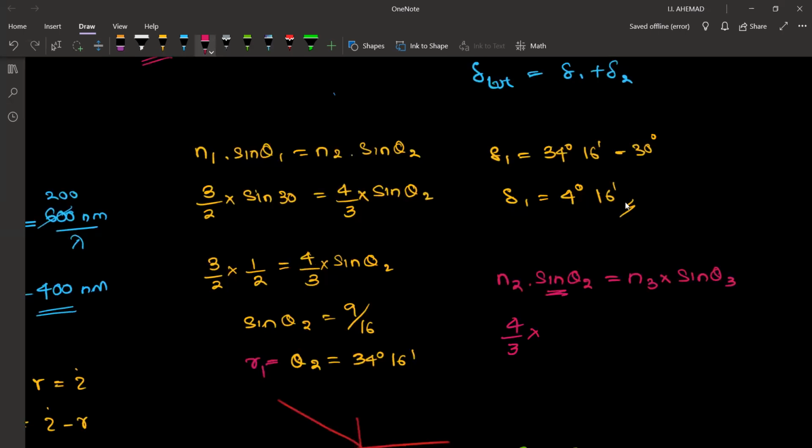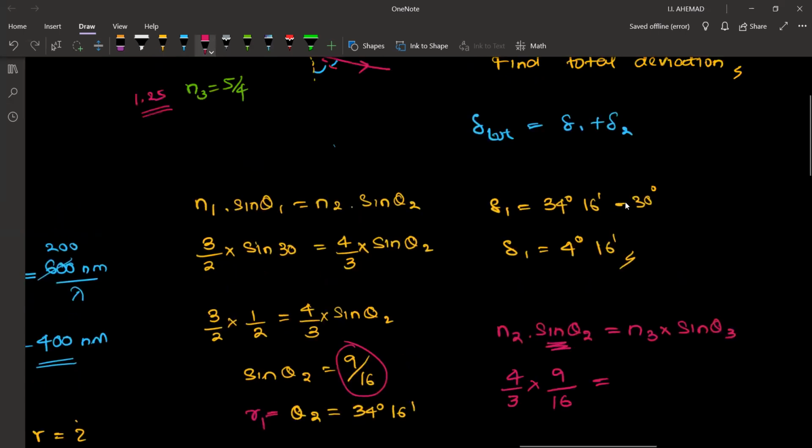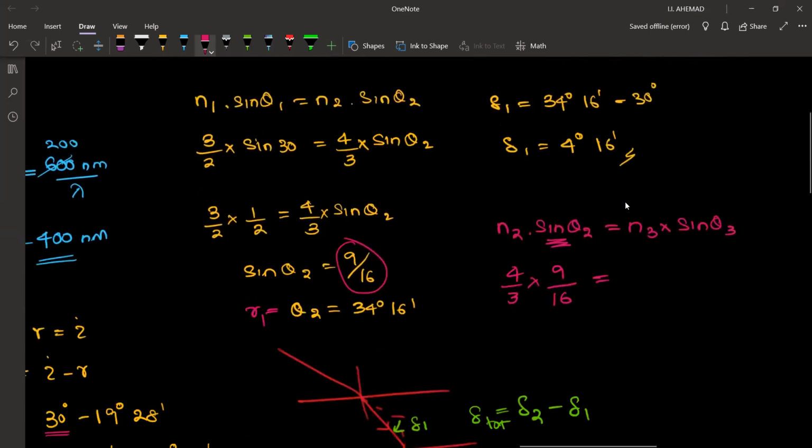Instead of sine theta 2, I can straight away substitute this. We have already found it. And N3, that is 5 by 4.